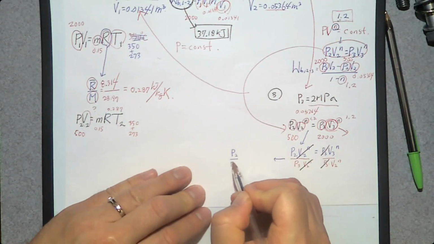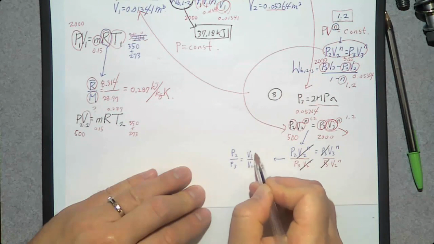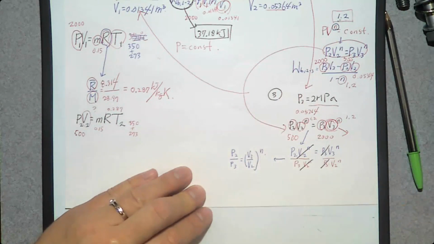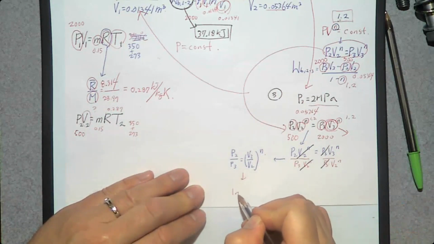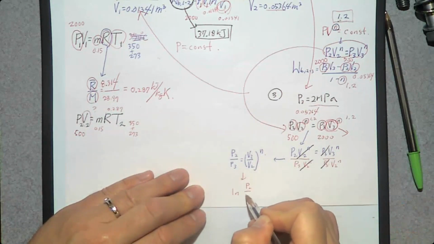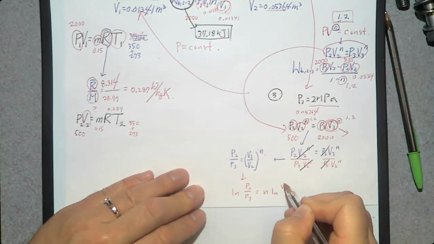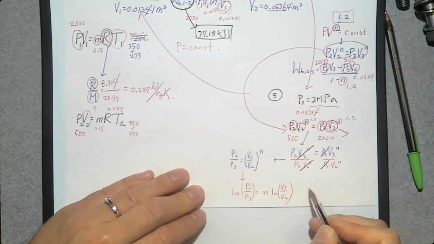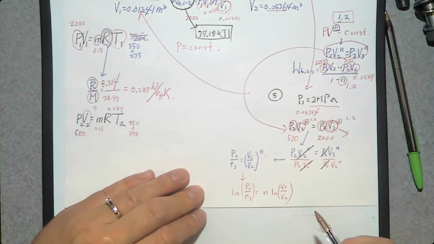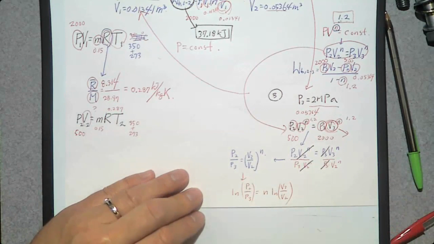P2 over P3 is V3 over V2 to the power n. And you can take a natural log. Natural log of P2 over P3 is n times natural log of V3 over V2. Then you can determine V3, right?